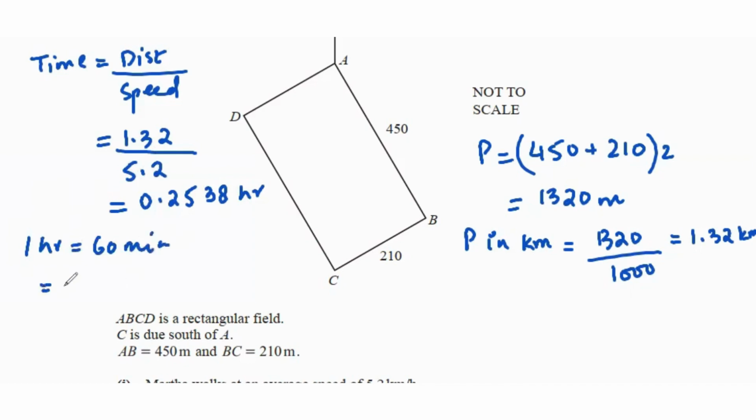So we convert this into minutes by multiplying by 60, and that's equal to 15.23 minutes. So to the nearest minute, that's going to be 15 minutes.